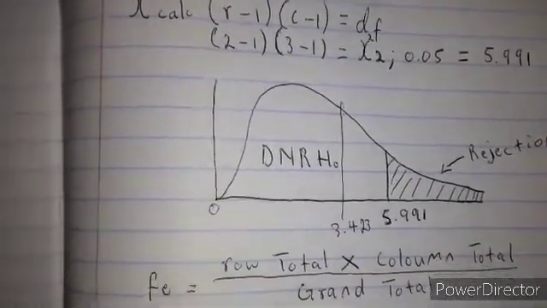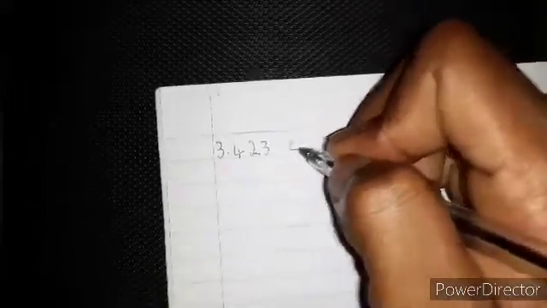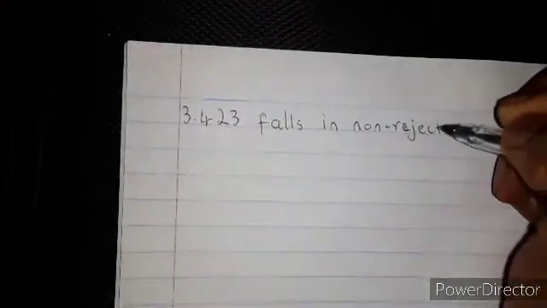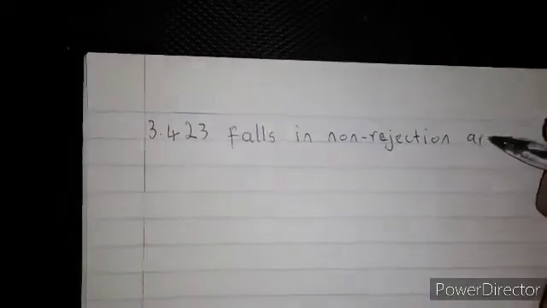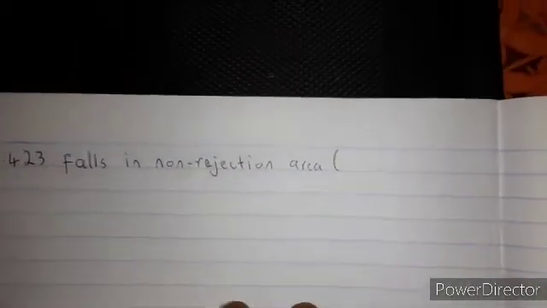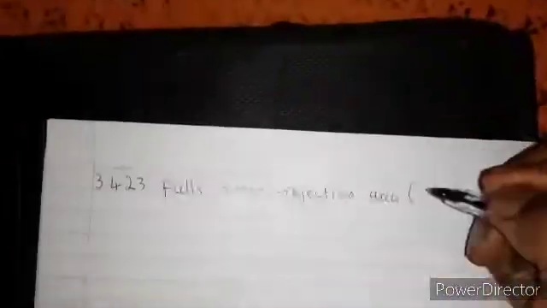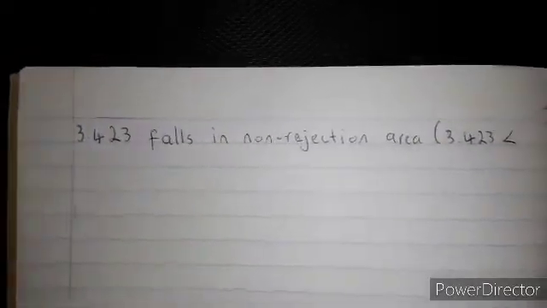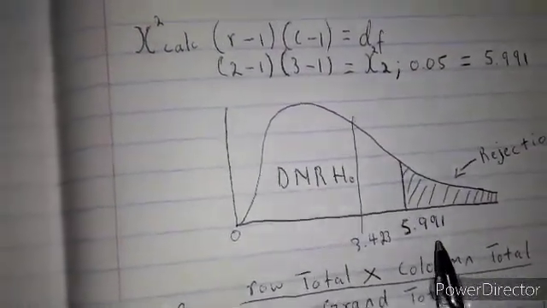It does not fall in the rejection area, because 3,423 is less than 5,991.